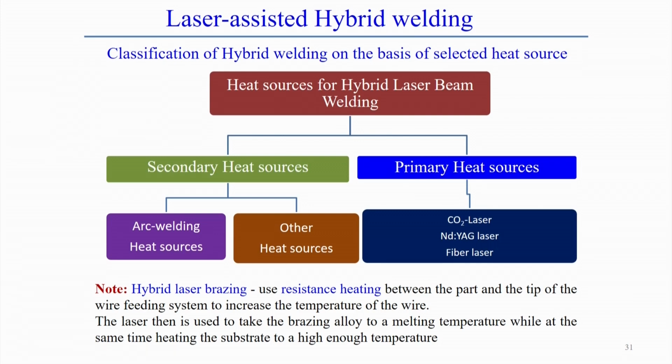At the same time, a laser melts that brazing wire and also supplies heat to the base material. These are the typical mechanisms of the hybrid laser brazing process. So, apart from arc welding processes, hybrid laser welding processes are also developed using other heat sources, here the resistance heating.